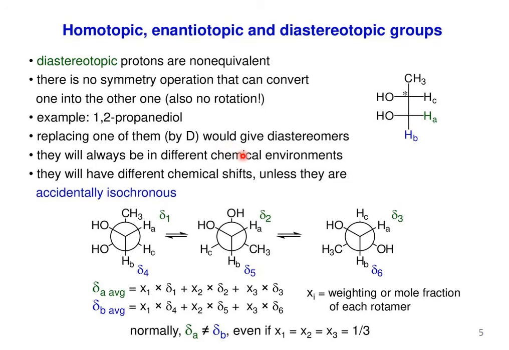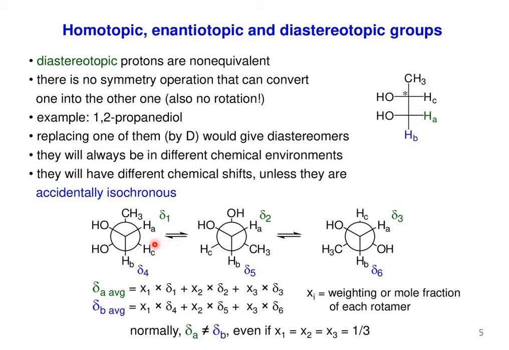This is the Newman projection diagram. This diagram usually helps us in identifying the environment of the protons. You can see that this proton is near to the methyl and this proton is near to the hydroxyl, and these protons are away from the hydroxyl and methyl.